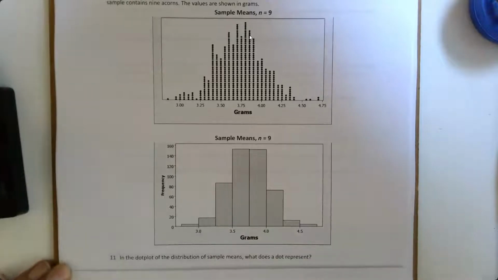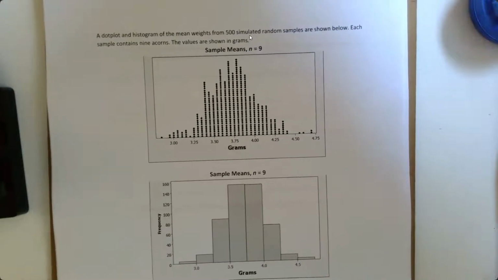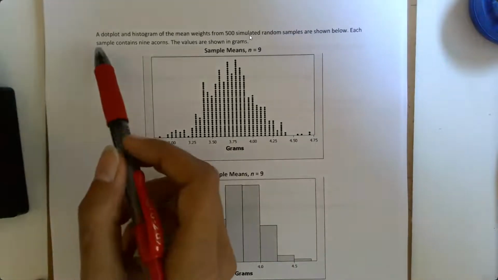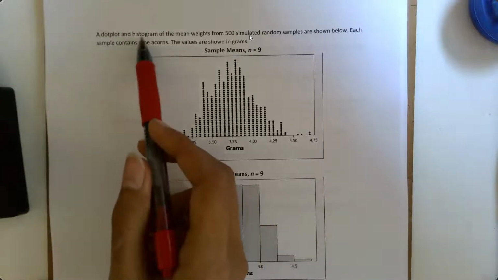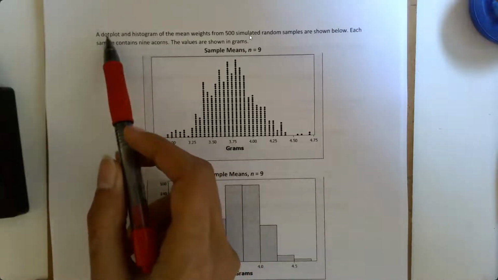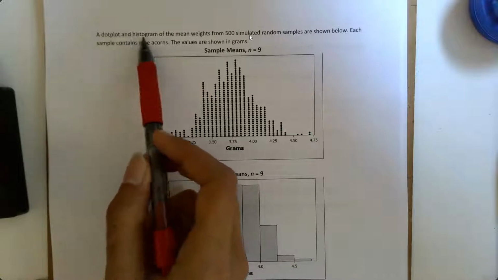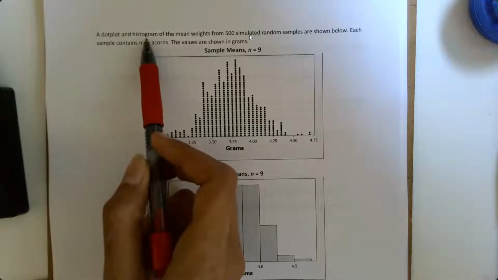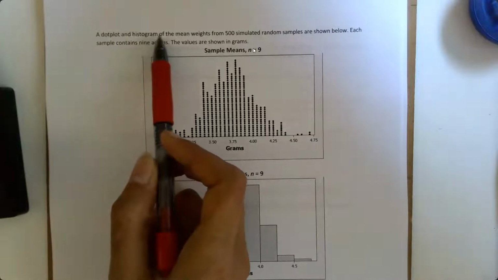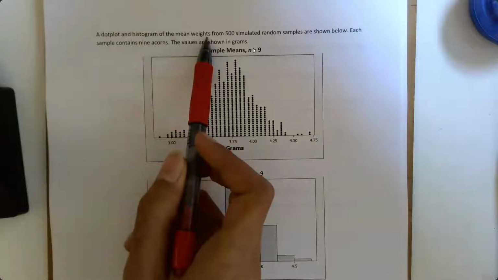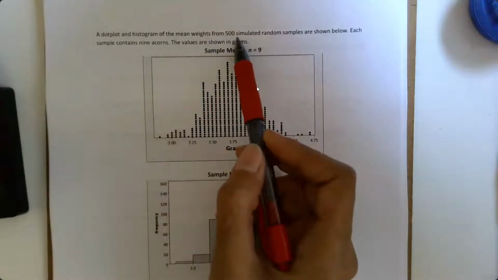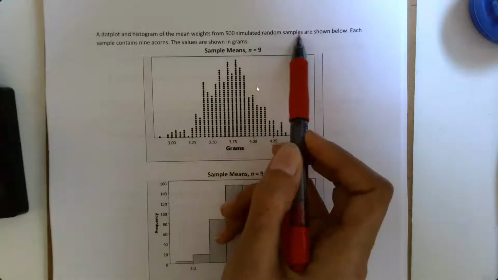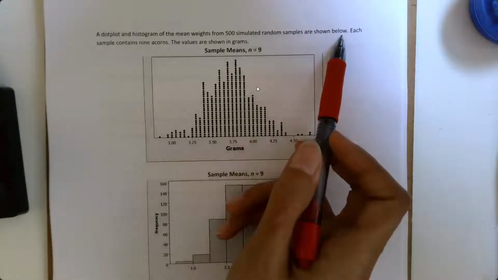Let us continue. A dot plot and a histogram. We're using two visualizations, a dot plot and a histogram of the mean weights for 500 simulated random samples, shown below.